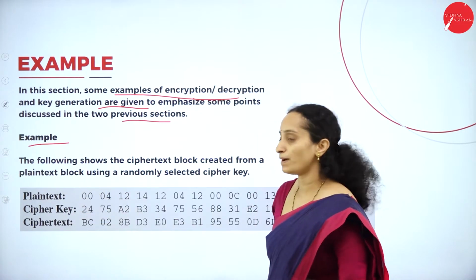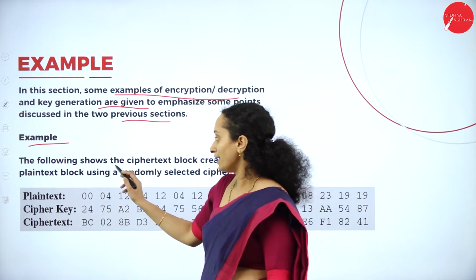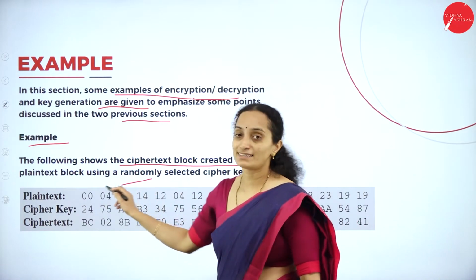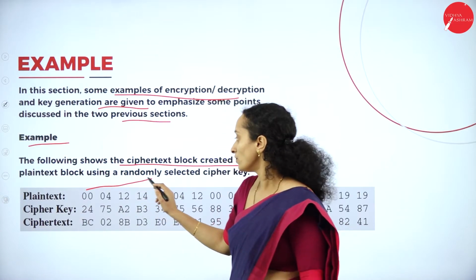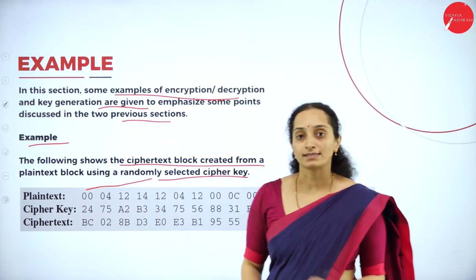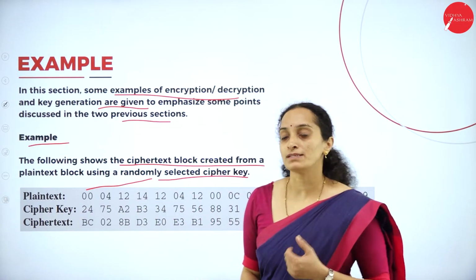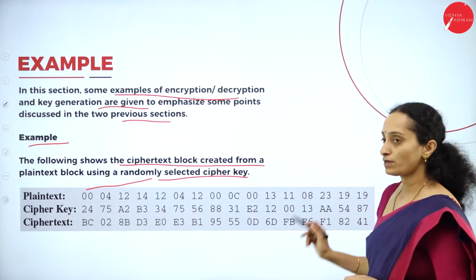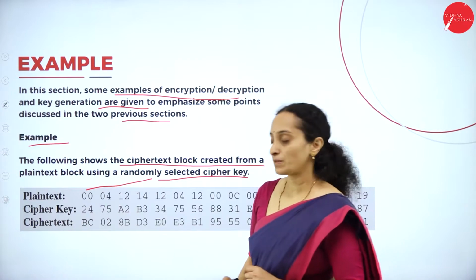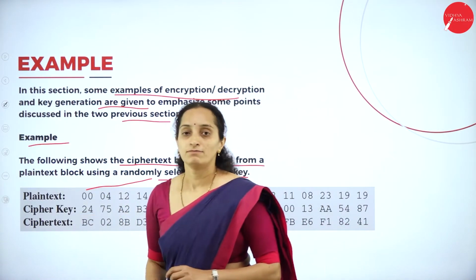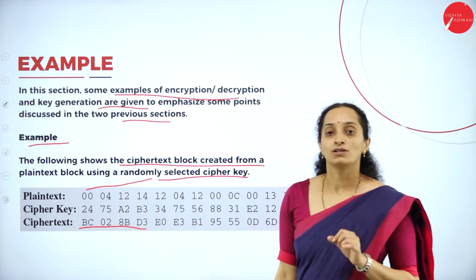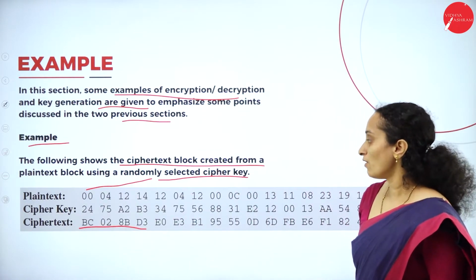We have an example with a plaintext that shows the ciphertext block created from a random plaintext block using a selected cipher key. We are randomly selecting a 128-bit cipher key with the plaintext, and we get the ciphertext using the AES algorithm.